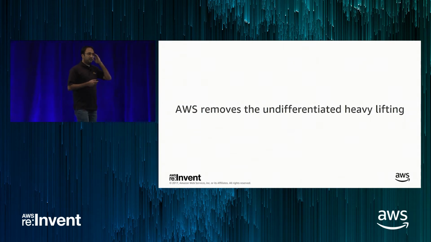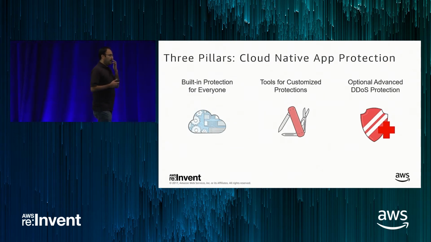In AWS, we believe in helping you mitigate some of this undifferentiated heavy lifting and let you focus on building the right set of applications with the right set of security. With that in mind, we believe there are 3 key pillars to build security for your applications.